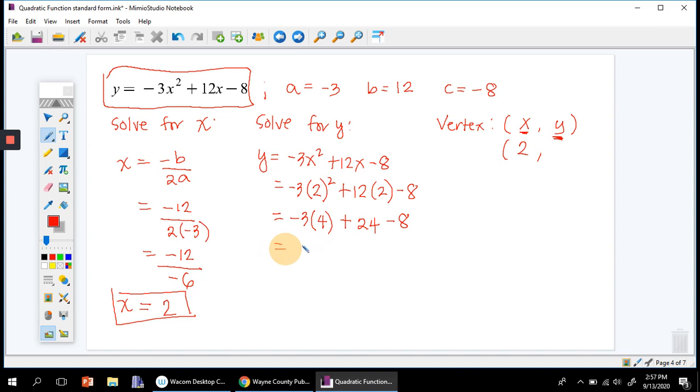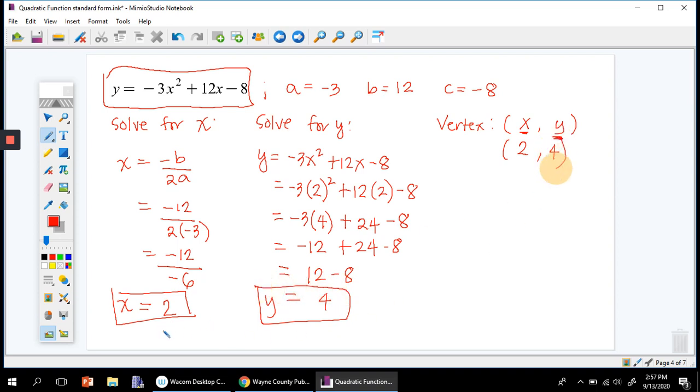Negative 3 times 4 is negative 12, plus 24, minus 8. Okay, perform addition and subtraction from left to right. So negative 12 plus 24 is 12, minus 8. 12 minus 8 is 4. So your y is 4.